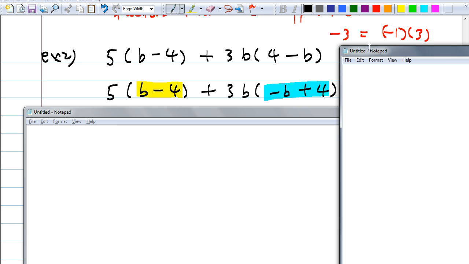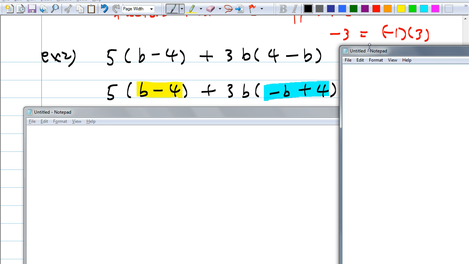Sarah says, let's multiply b minus 4 by negative 1. Okay, Sarah, let me go back to the example. If I have negative 3, could I just multiply negative 3 by negative 1 and get 3? Yeah? So if you owe somebody $3, if you have negative 3 in the bank, and I just multiply that by negative 1, and then the bank has to pay you $3, does that make any sense? No, you can't do that, can you? So you can't just multiply negative b plus 4 by negative 1, but that would be nice.